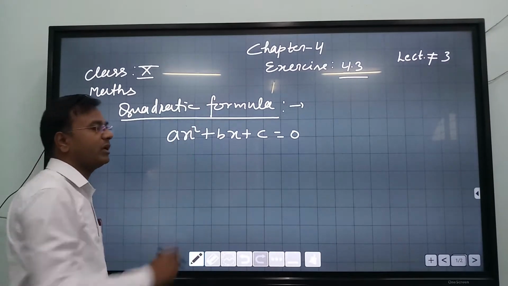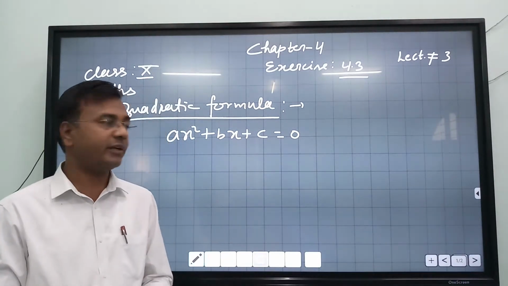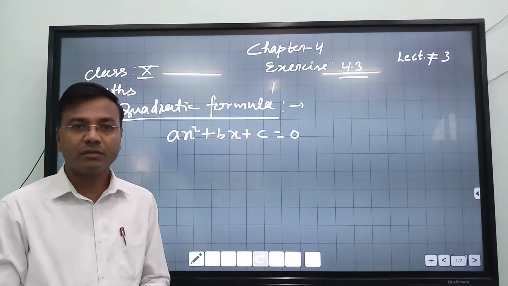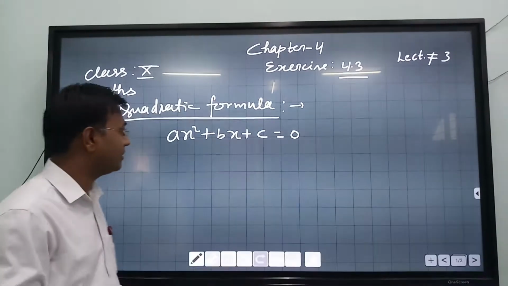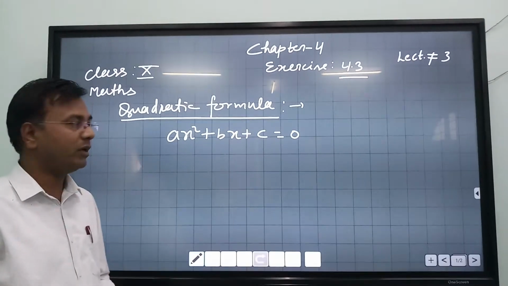And the quadratic formula is basically given by the mathematician Sridharacharya. Okay, Sridharacharya. So he was a man who gave the concept of the quadratic formula, right?